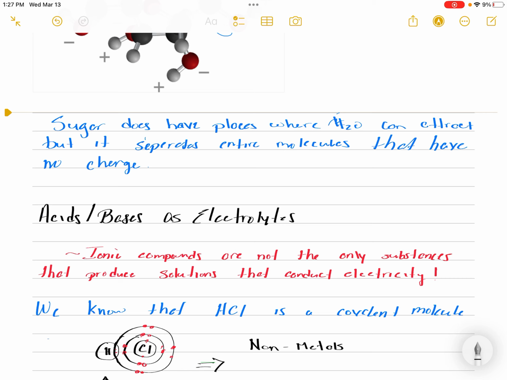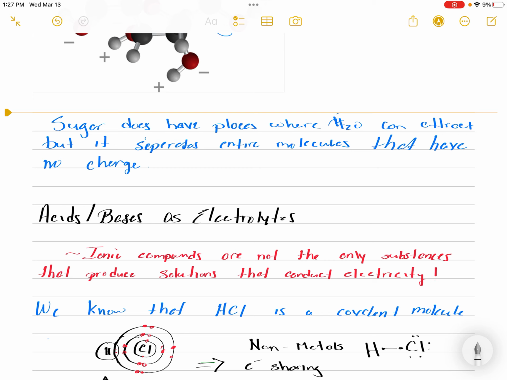This is electron sharing, so there are no ions here. If I was to draw the Lewis structure of this compound, it would look something like this, where I have the electrons being shared here, and then chlorine is going to have all of the electrons that it brings with it.